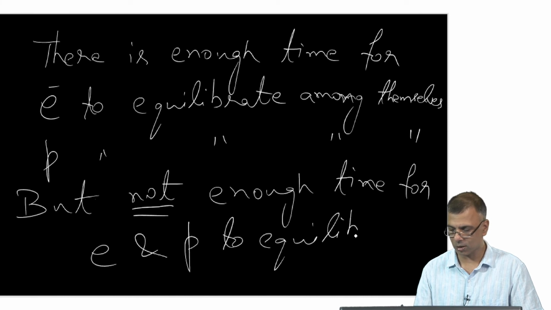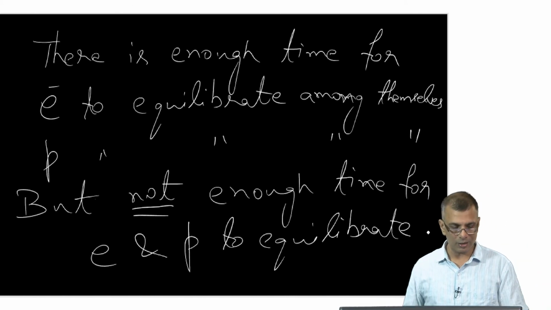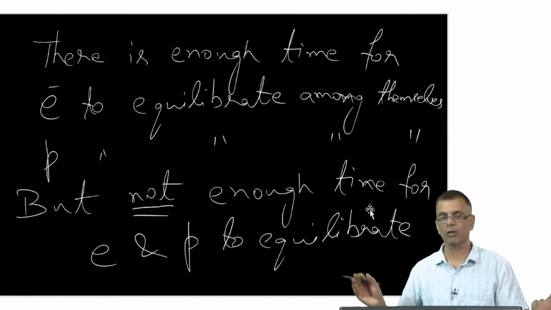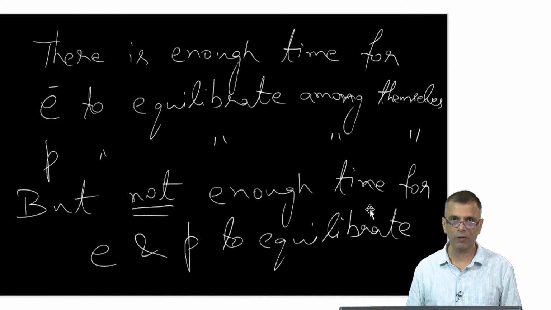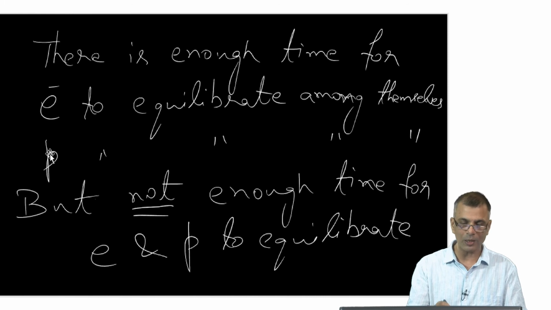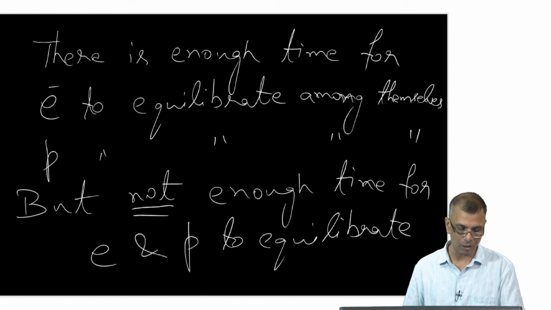In other words, there can be situations where V_R is such that there is not enough time for the electrons and protons to equilibrate. There is not enough time for interspecies equilibration. There is enough time for intraspecies equilibration, but not enough time for interspecies equilibration.